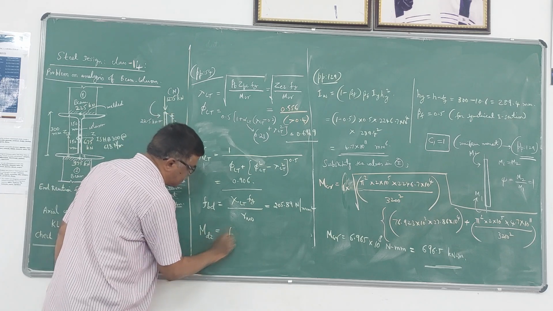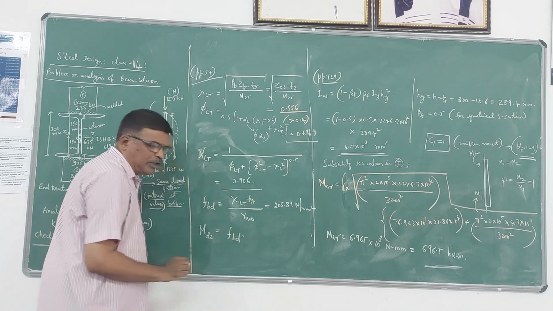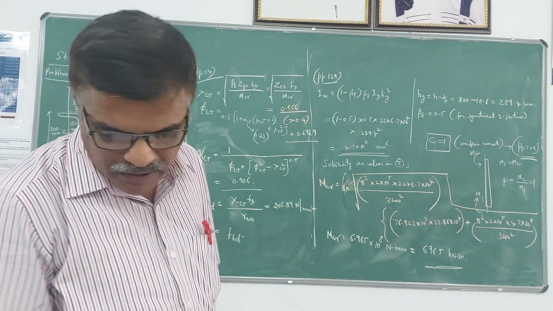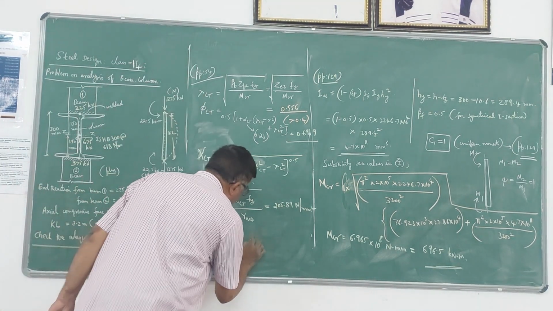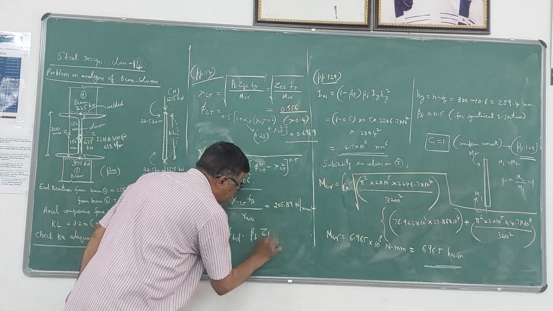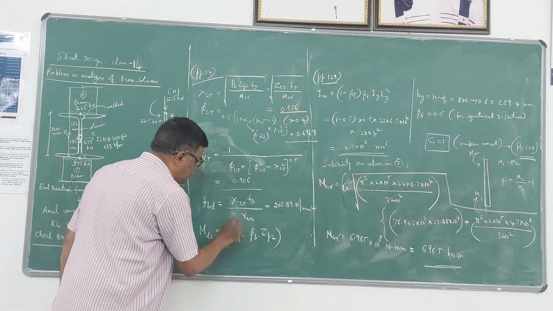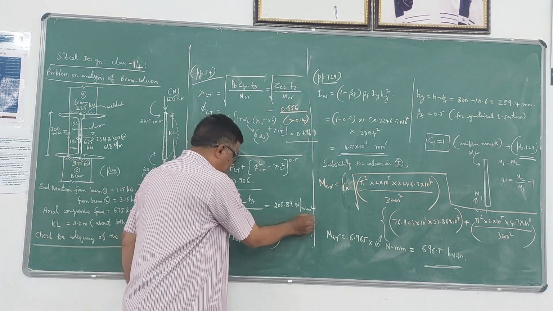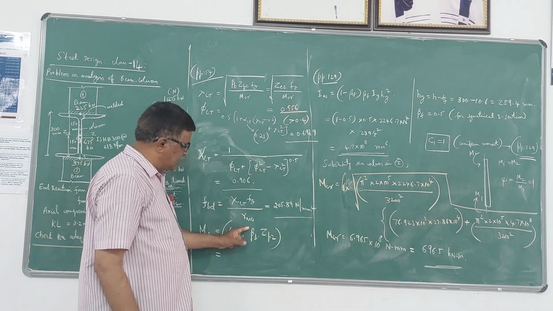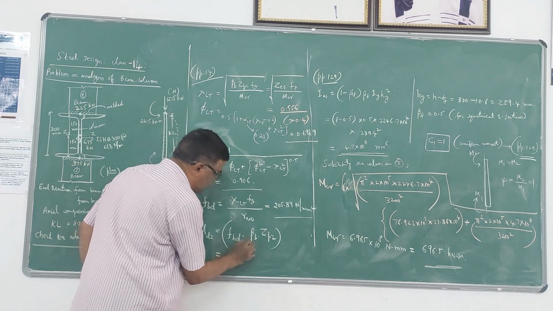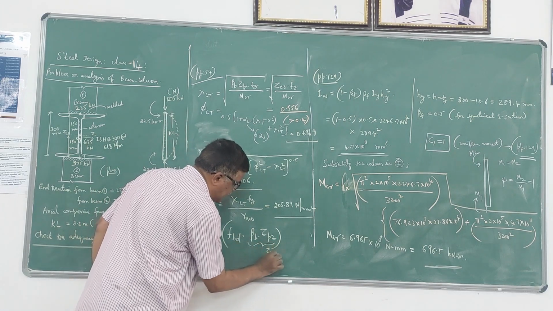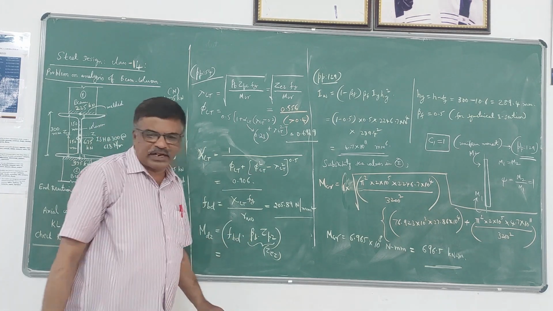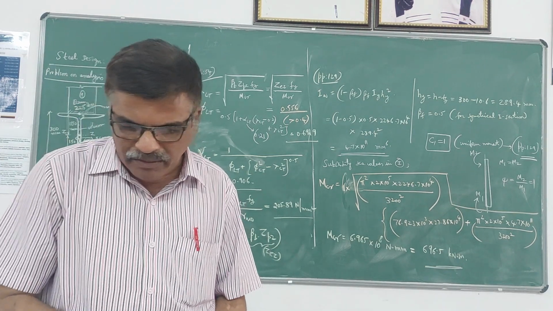Finally, you can get the design bending strength of that particular section, MDZ, which is FBD into ZPZ into beta B. Beta B into ZPZ gives ZEZ, so FBD into ZEZ gives the value of MDZ in Newton millimeter.